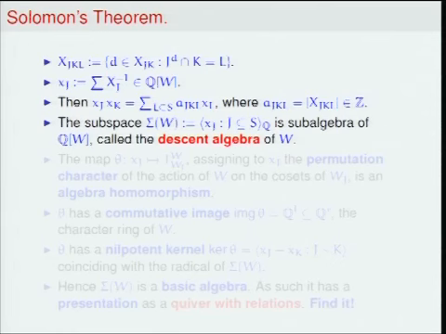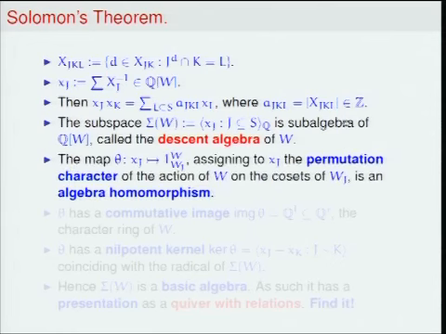If one considers the map, let's call it theta, which associates to little x_J the permutation character of the Coxeter group W on the cosets of the parabolic W_J, then this map extends to an algebra homomorphism between the descent algebra and whatever the image of theta in the character ring is.